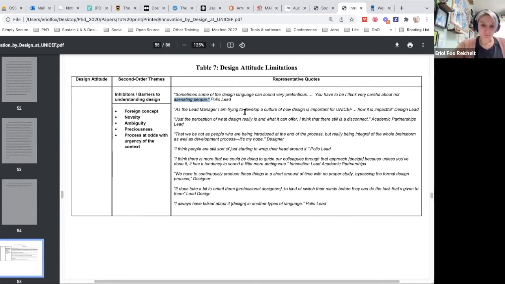It is within the team that is looking at RapidPro. And then the last thing that I have highlighted here is, it does take a bit to orient them, professional designers, to kind of switch their minds before they can do the task that is given to them, lead design.